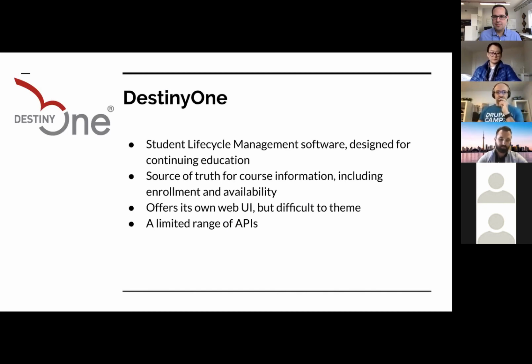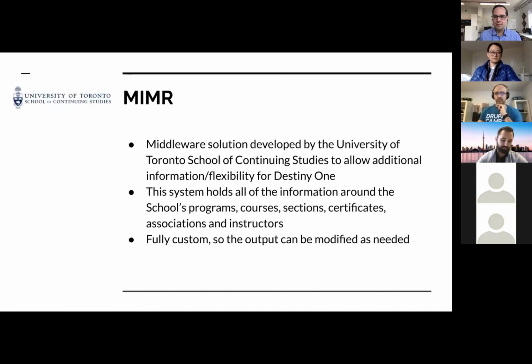It also does have its own limited range of APIs, but that's why the school had decided to go ahead and implement its own solution to augment and extend the data that was available to be managed in that DestinyOne application. So they put together something that they call Mimer. I'm sure there was a time when I could remember what that acronym stood for, but those days are long past.